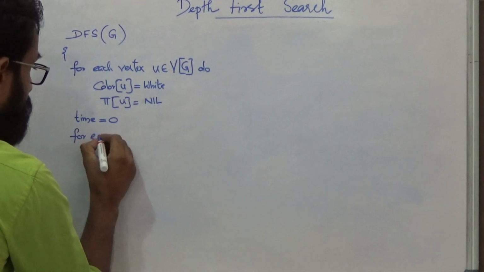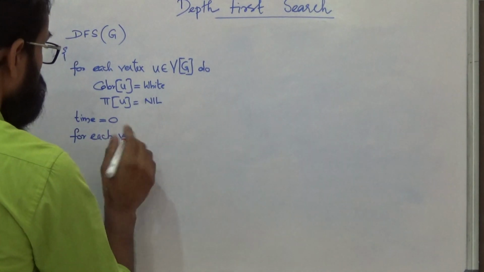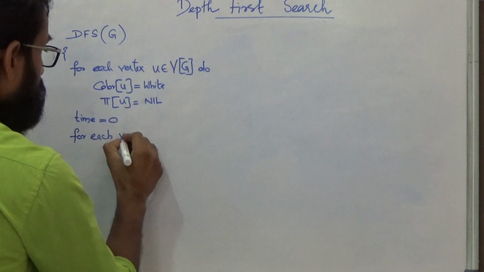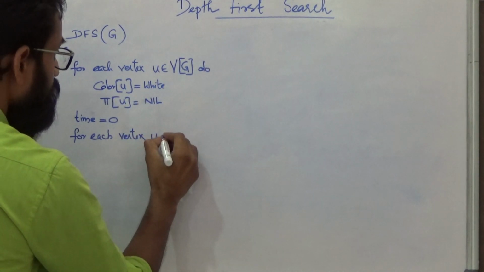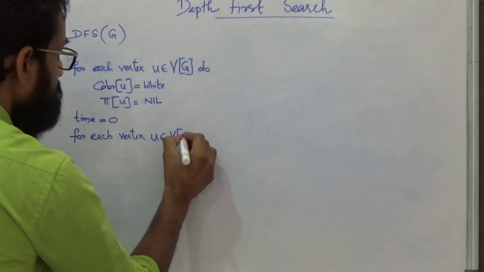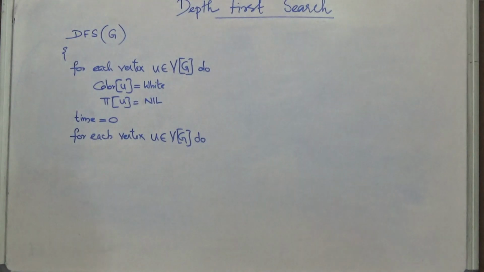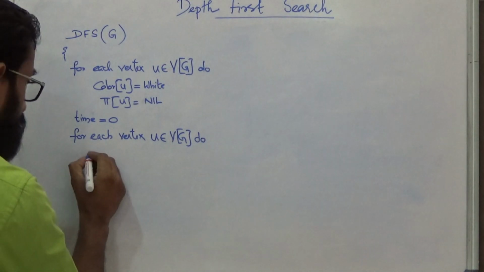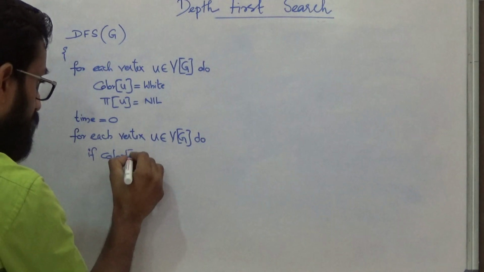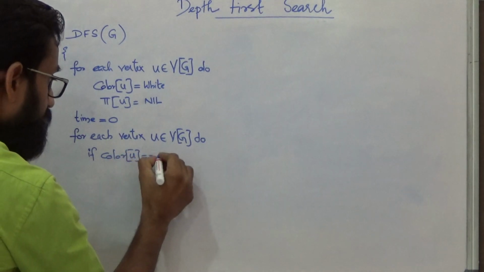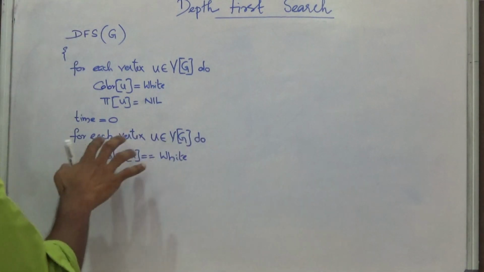So for each vertex u belonging to vertices in graph G, do the following. You have to check whether color of u equal to white, that is, you have to take a white vertex.